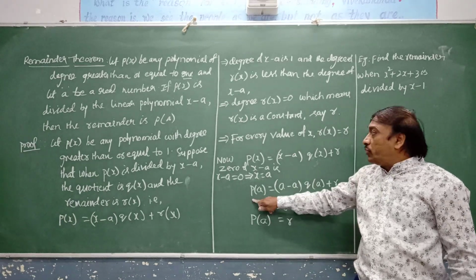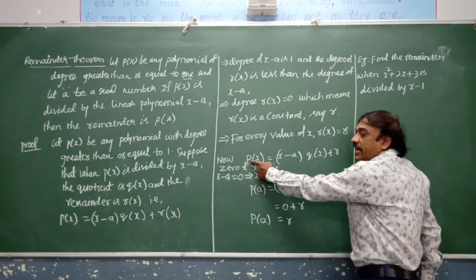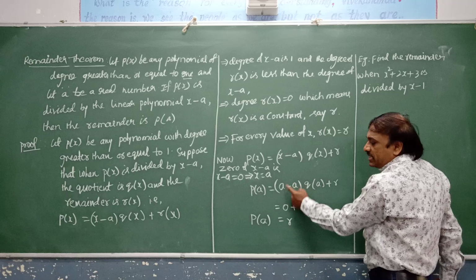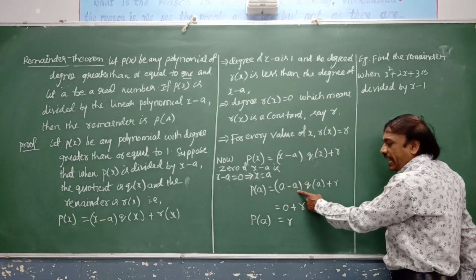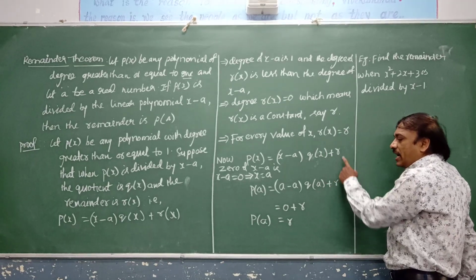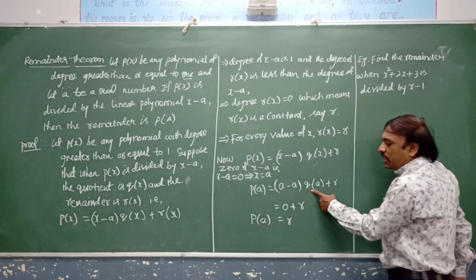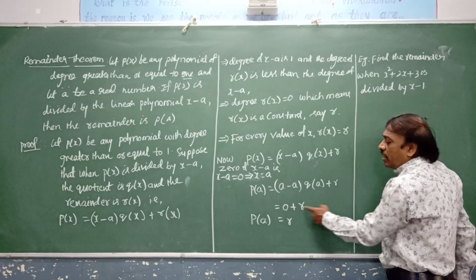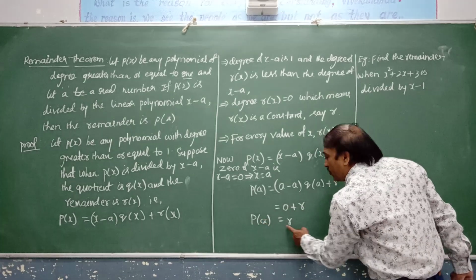So in place of x we substitute a: (a minus a) times q of x plus r. a minus a is 0, and 0 times anything is 0, plus r is r. So P of a is equal to r.